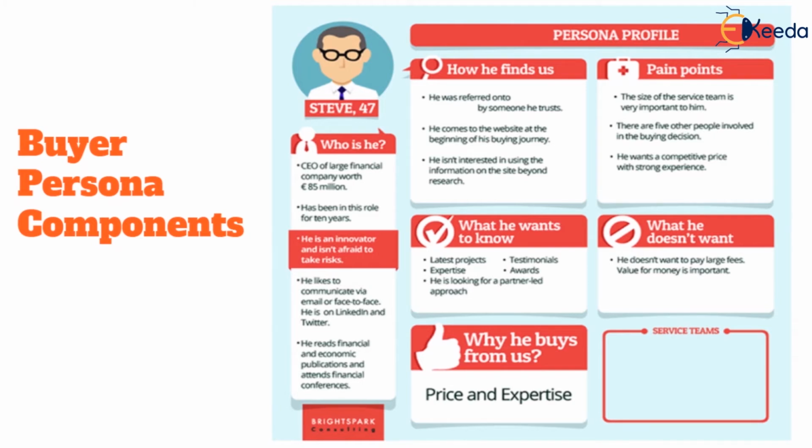And what he doesn't want to know is something that you should not be keeping hidden or keeping a low profile of in your content also. Especially if this is the biggest buyer persona that you are dealing with and is bringing the maximum possible business to you. So ultimately, you need to define why he buys from you.